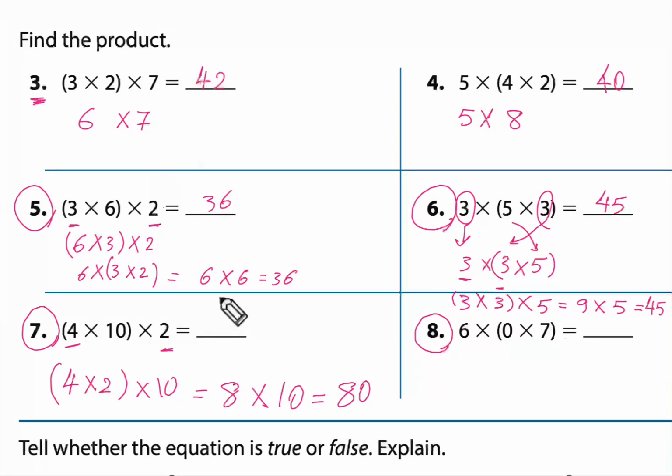So, we can write 6 multiplied by the product of this, which is 0. So, 6 multiplied by 0. So the product here is 0, and here it's 80.